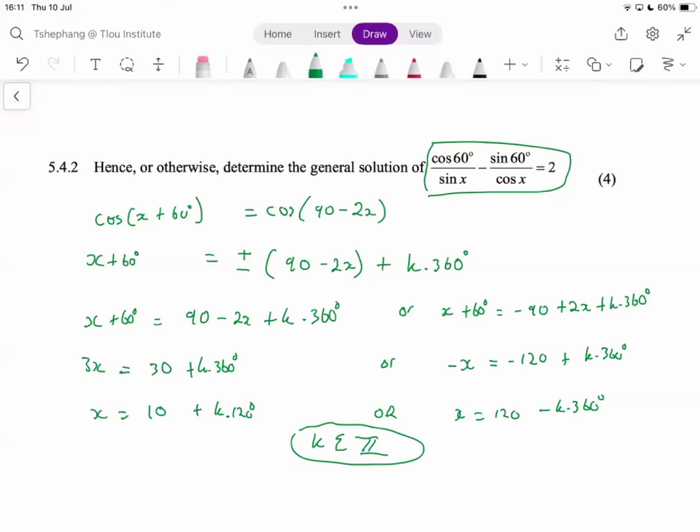We've divided throughout by negative 1. Did I make a mistake somewhere? Let me just double check. Negative 90 minus 60 equals negative 50. Let me just double check. I could have made a silly mistake.